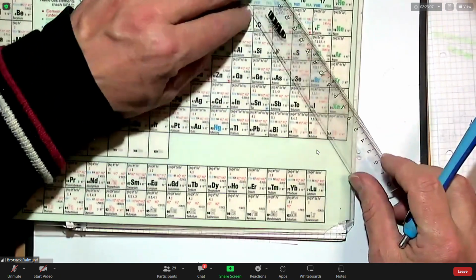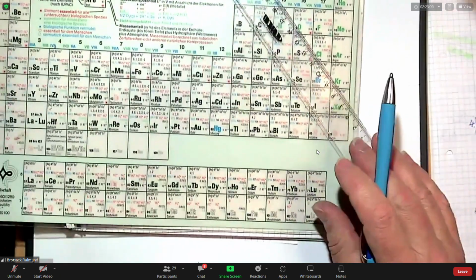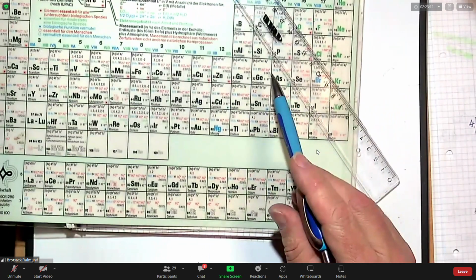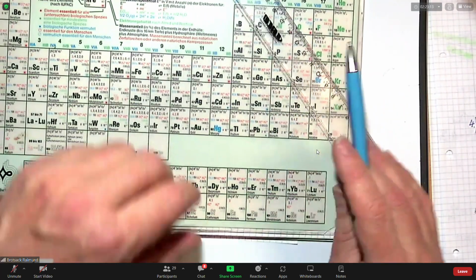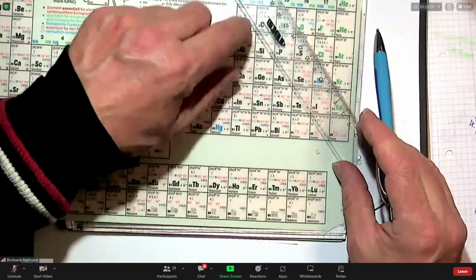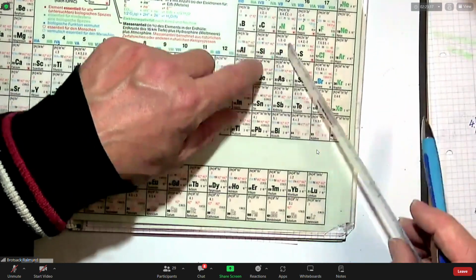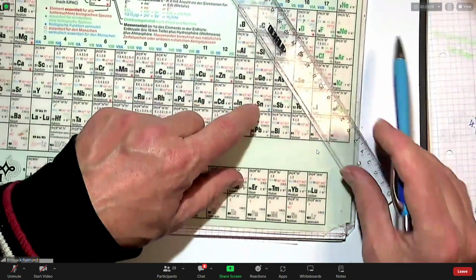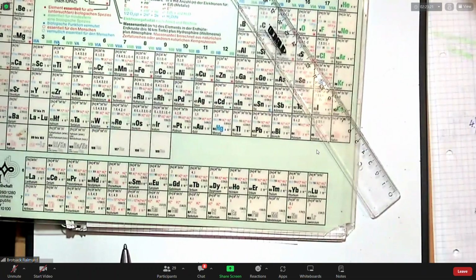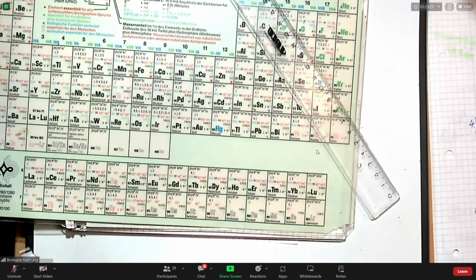Silicon is a half metal, so even germanium already counts to the half metals. This is more an area. The real metal which can be found is tin and lead.